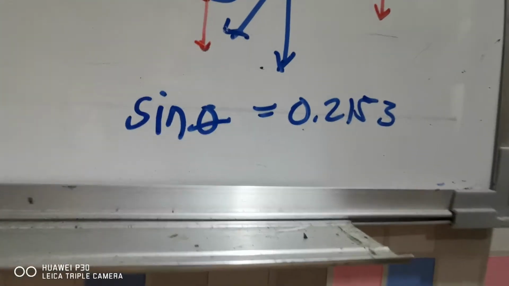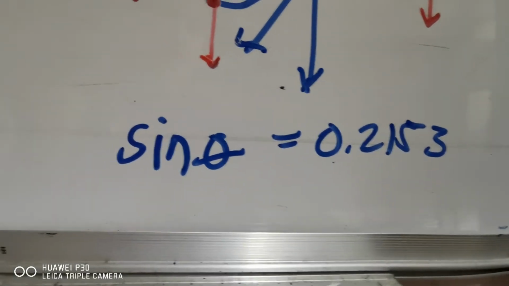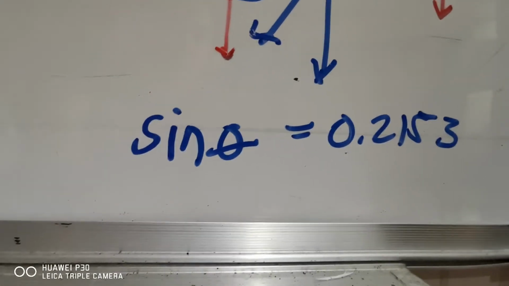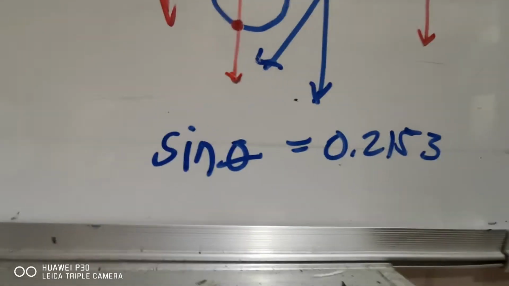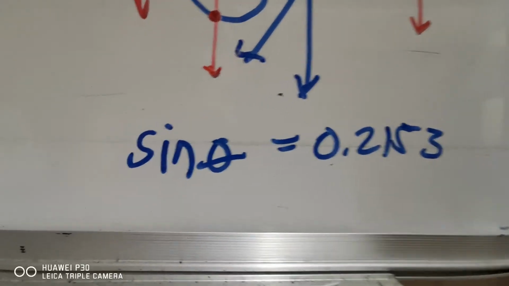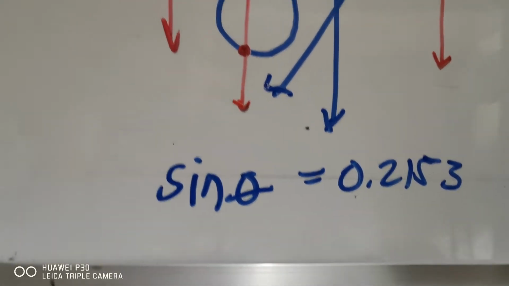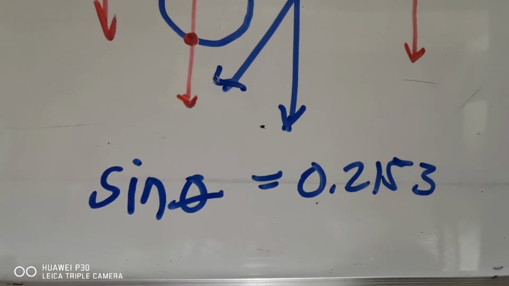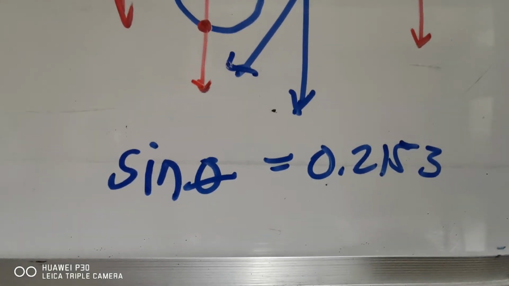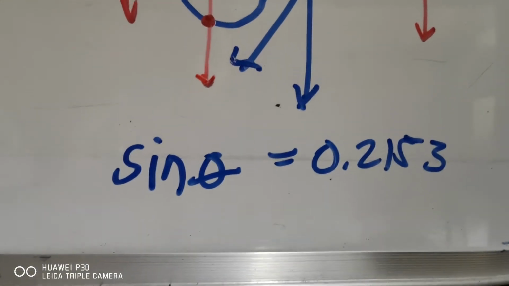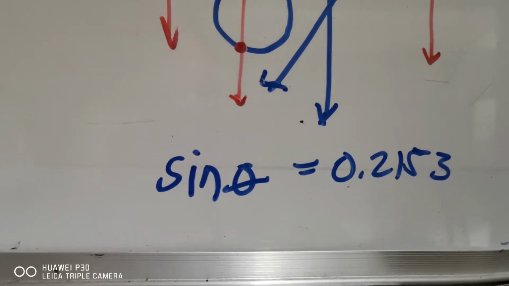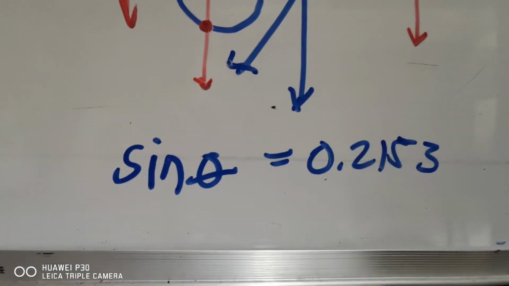So recall this, if you're familiar with this equation. As you can see in the previous lessons, we try to get the value of angle theta given the function values 0.2153. So without you noticing, we are actually looking into the inverse trigonometric functions.